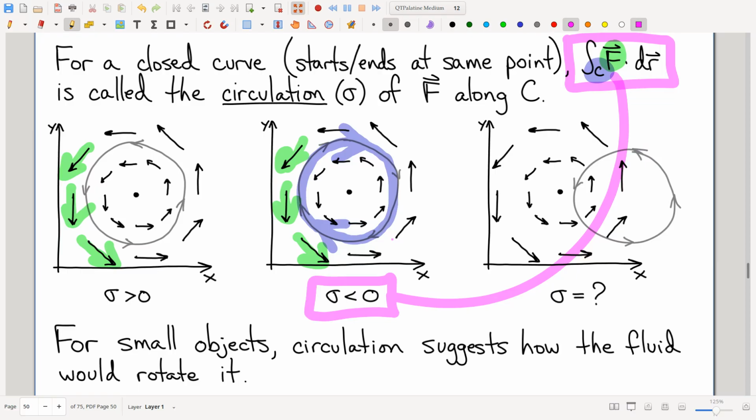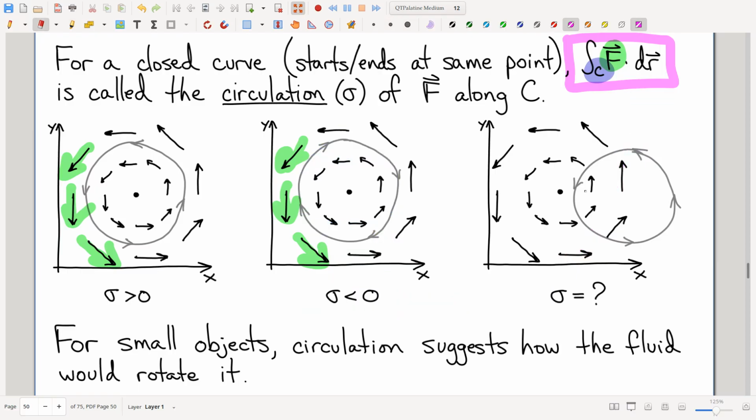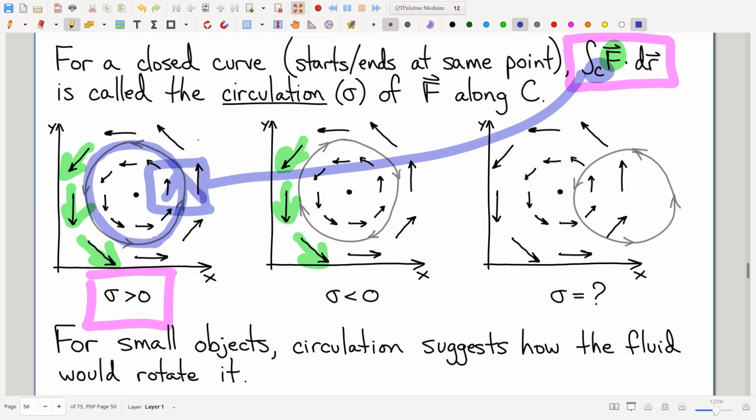The answer is, you've got to keep in mind that when we say the word circulation, it's always circulation relative to the curve that you're measuring the fluid against. Intrinsically, when we did this first calculation over here and got positive circulation, it was with the understanding that we're defining counterclockwise as the positive direction, because that's the direction of the curve that we're comparing f against.